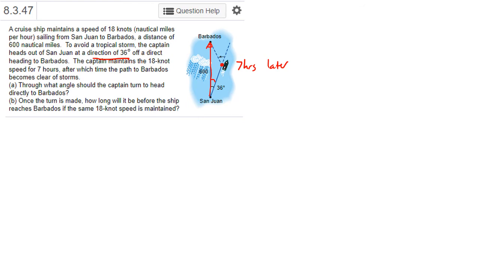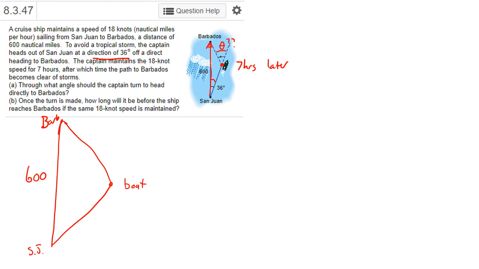And now they want to turn to head towards Barbados, which means they need to know what this angle here is. So I'm going to draw the triangle a bit bigger. We've got Barbados, we've got San Juan, here's our boat. I know this is a 600 nautical mile difference, and I know this was exactly 36 degrees. But with only one side and one angle, it doesn't look like we have enough to work with here.